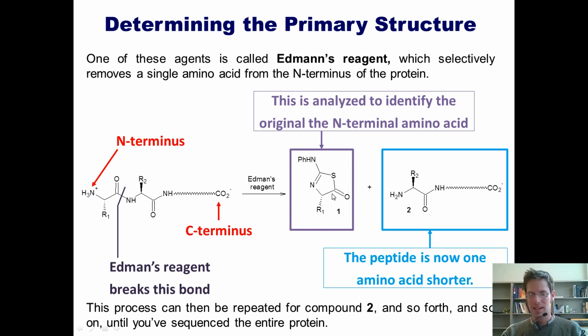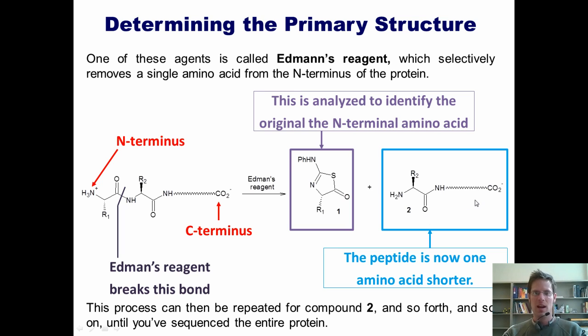This product 1 can be analyzed, and once we figure out what this R side chain is, we can determine the identity of the amino acid that was found here at the N-terminus end of the peptide. So we've now figured out what the identity of the N-terminal amino acid was. What do we do now? Well, we can take this product 2 and treat it with Edman's reagent and cleave off this amino acid.